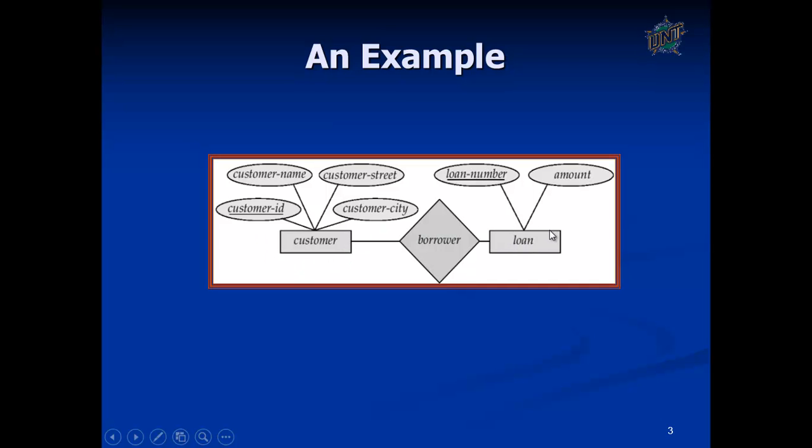Now the customer can have attributes like customer ID, customer name, customer street, customer city. And similarly, loan can have attributes like amount, loan number. And the relationship can be described with the help of a diamond box, that is customer, borrower, loan.